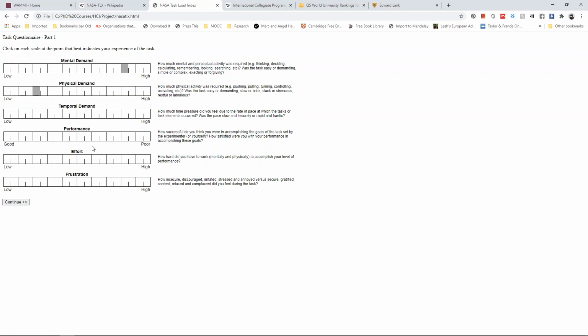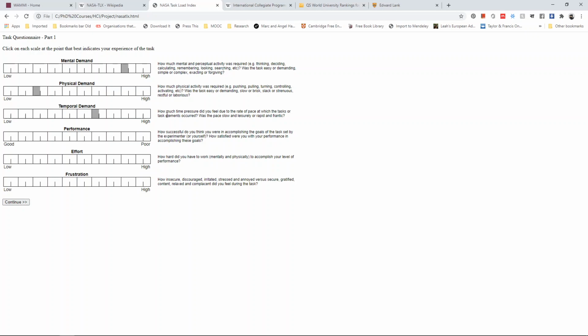I give it 5. And then, how much time pressure did you feel due to the rate or pace at which the task or task elements occurred? I think it's not that much because you are just going through finding the information. Yes, it's good if you find them earlier, so let's give it some marks. How successful do you think you were in accomplishing the goals?